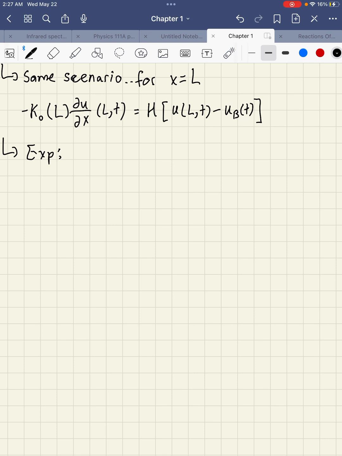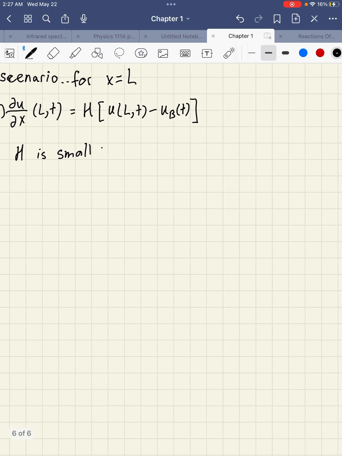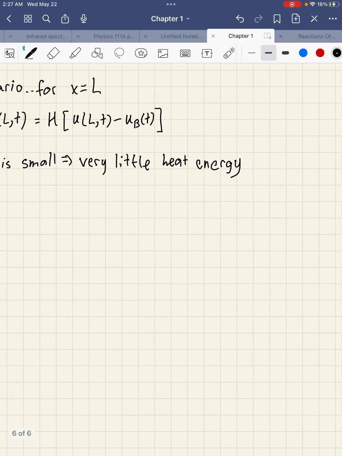Now, if our H is very, very small, we expect very little heat energy flows across the boundary.